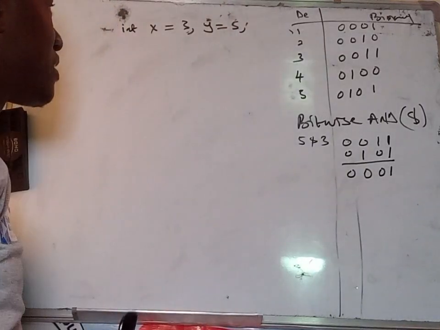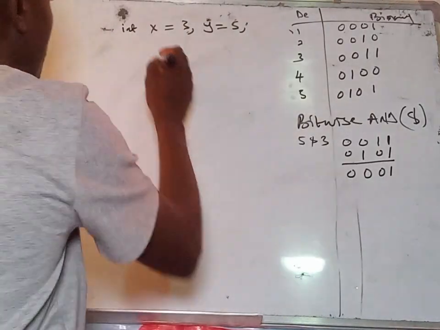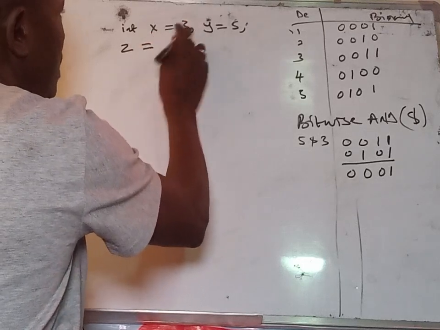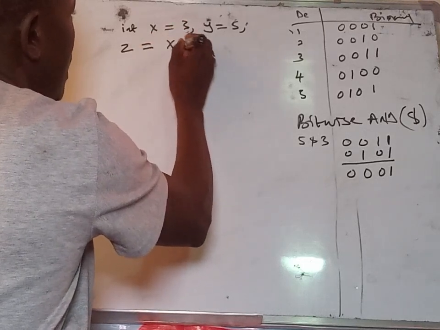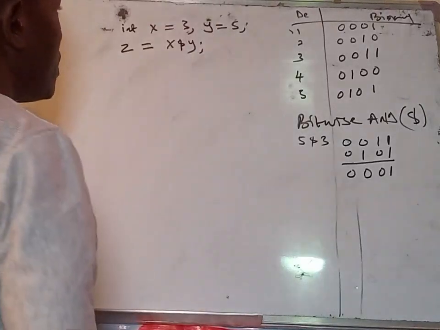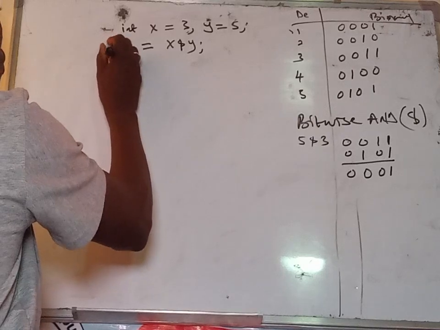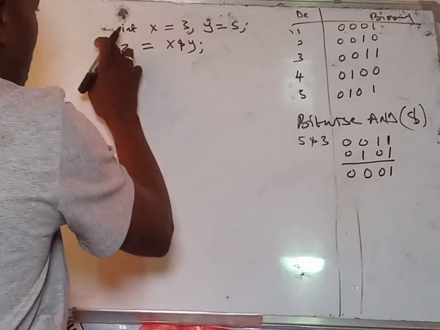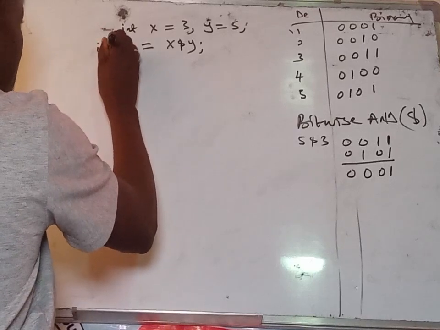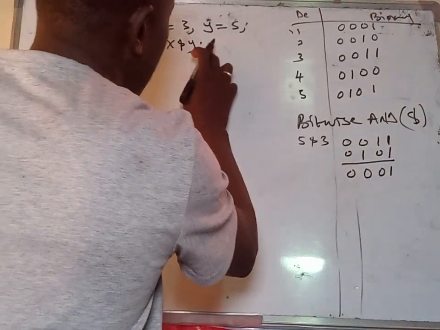Then we declare z, which is going to be x and y. Please don't get confused, I forgot to declare this earlier. So int z is equal to x and y.